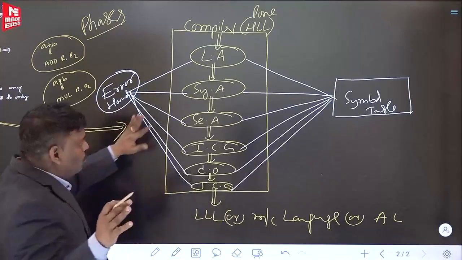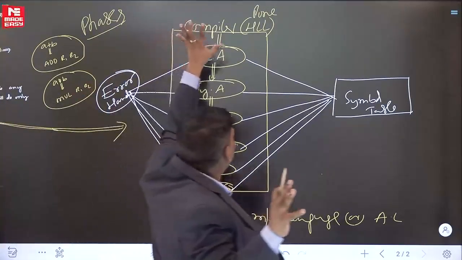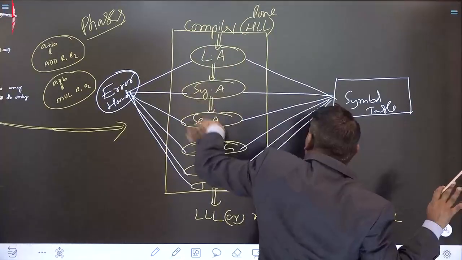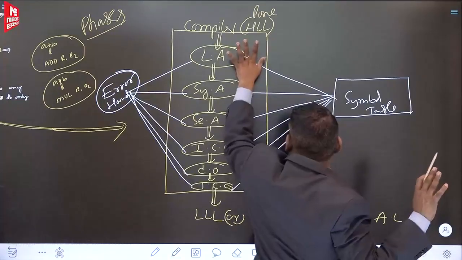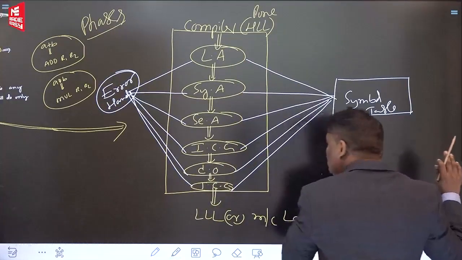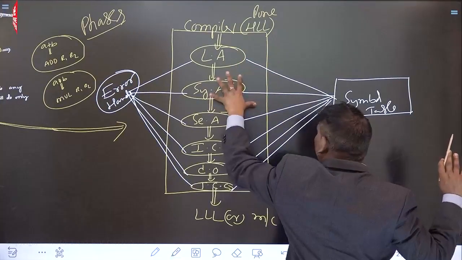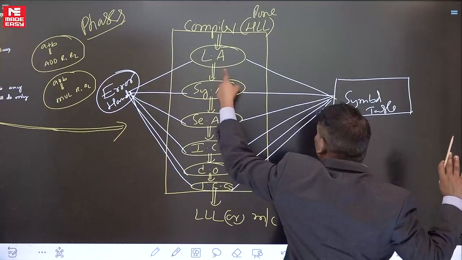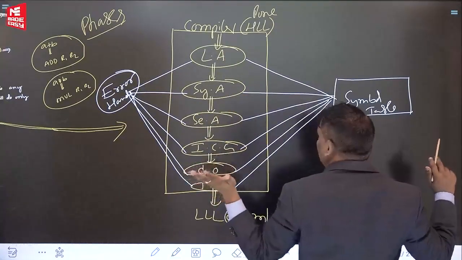So finally, before concluding, simply I want to say to you, the compiler is one complex program which contains approximately 10 lakh lines of code, which takes pure high level language as input and produces low level language as output. The complex program internally contains 10 lakh lines of code divided into 6 functions, which are also called the 6 phases of compilation.